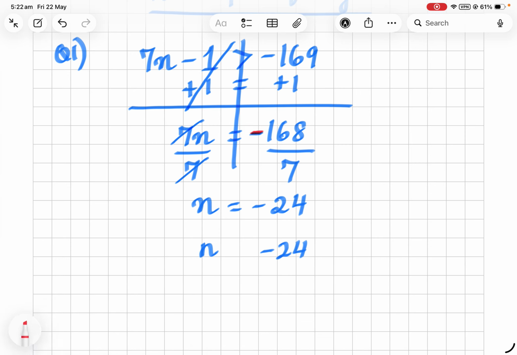Just because there is a negative in the numerator, you didn't have to change anything for the denominator. You didn't multiply or divide by any negative number, so you're not going to flip the sign. You just leave the same symbol, and there ends your answer. That is the solution for that inequality.